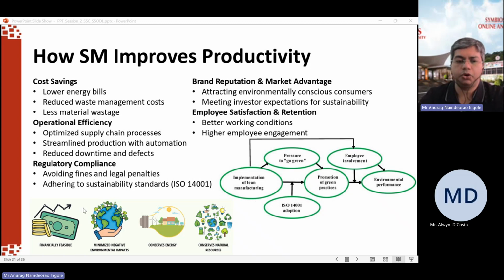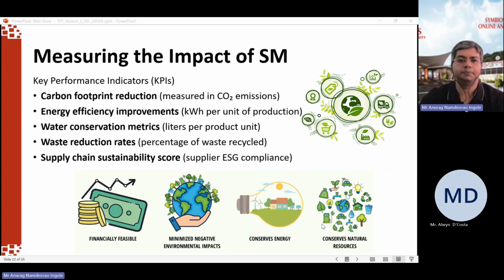So sustainable manufacturing, how it improves productivity, we tried to discuss that it is financially viable, it minimizes negative environmental impacts, it conserves energy, and it conserves natural resources naturally.